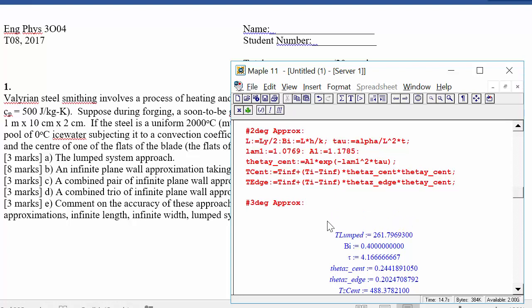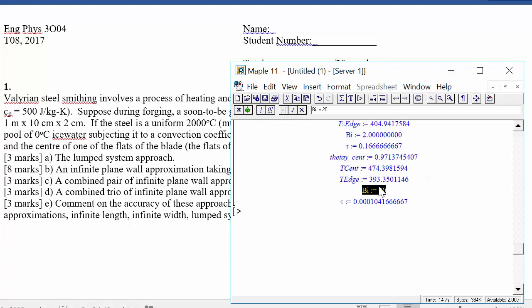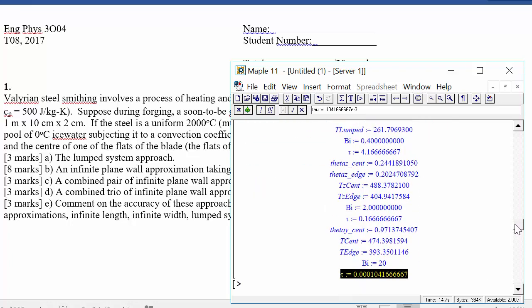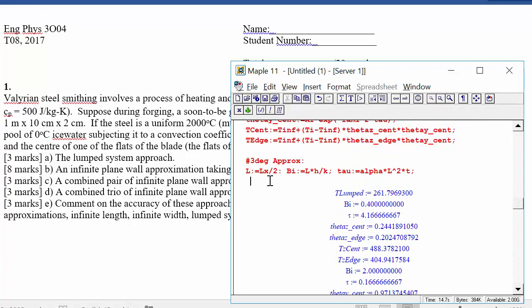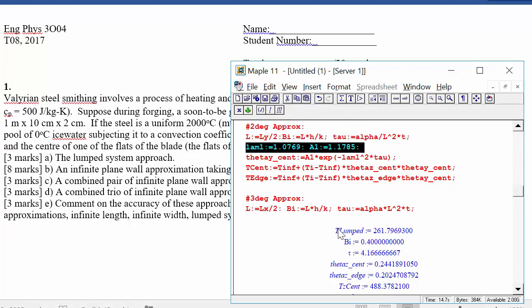So now we're going to say that the length is equal to Lx over 2, and the Biot number again is L times h over k, and the Fourier number is alpha times t over L squared. So this time we find a Biot number of 20, and that's not so bad, but the Fourier number is very low. So we'll kind of truck forward anyway and see what the consequences of this are.